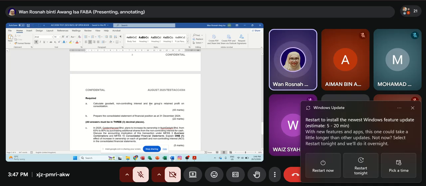As usual you have 3 requirements to fulfill for the test. First, you have to calculate goodwill, NCI and group retained profit, the same as before. But why are there many marks here? Because we have to prepare workings for the subsidiary and sub-subsidiary, and holding plus subsidiary and sub-subsidiaries. So basically to prepare the consolidated statement of financial position, it requires you to do a lot of workings.